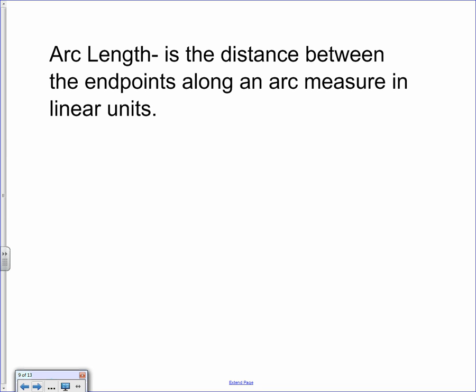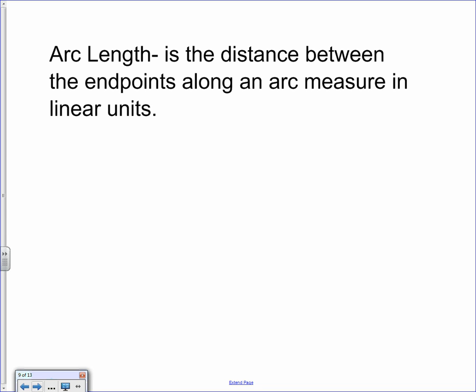Arc length is different than arc measure. Arc measure is given in degrees. Two different sized circles could have the same arc measure for different arcs. However, arc length is the distance between the endpoints along an arc, measured in linear units.